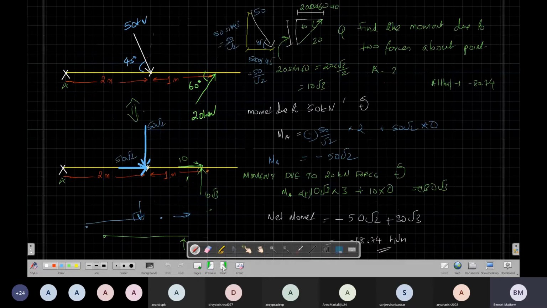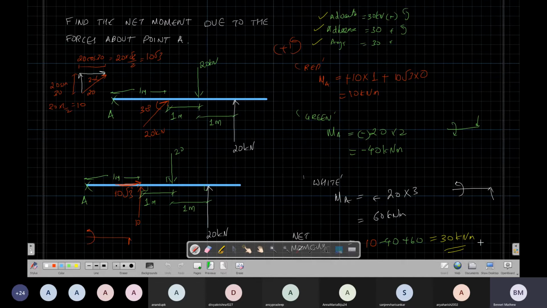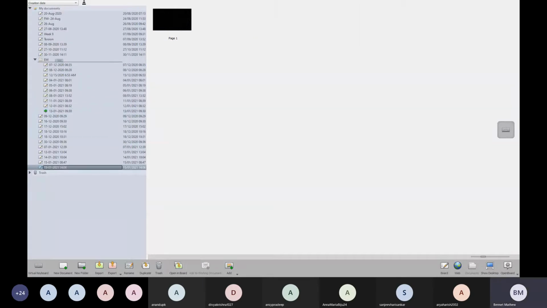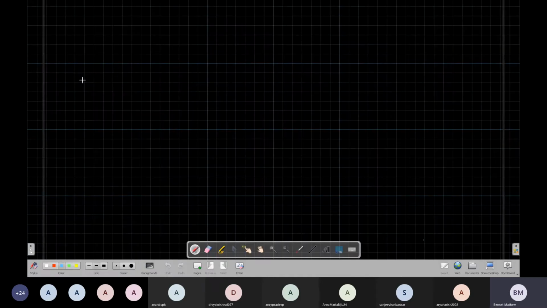Now what we have to do is I want to introduce you to a new concept. So we know what is equilibrium.